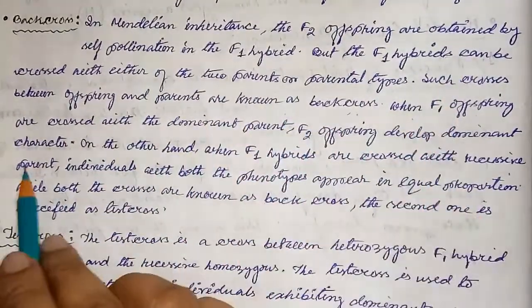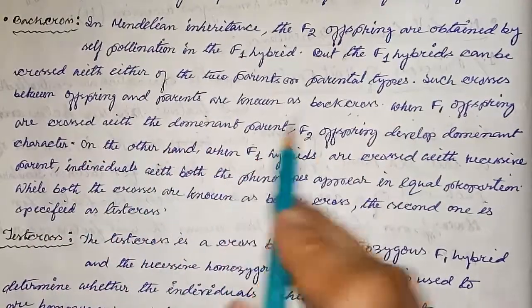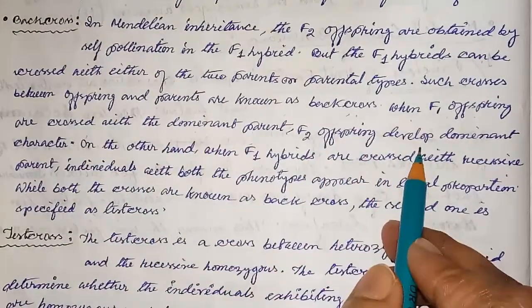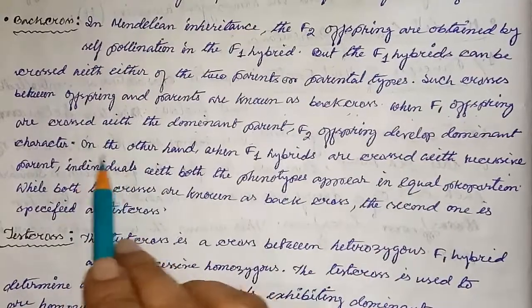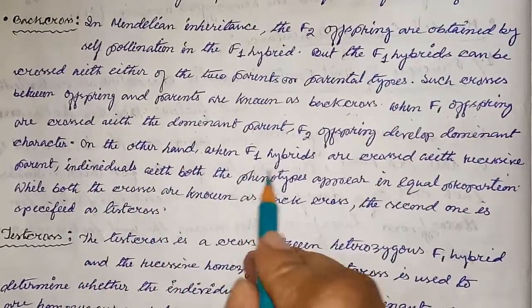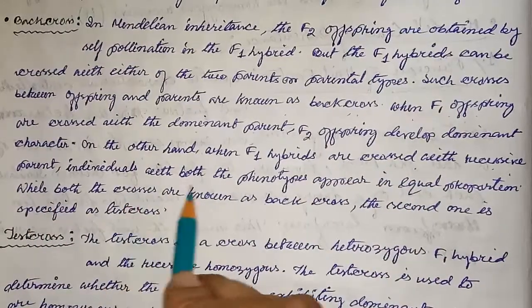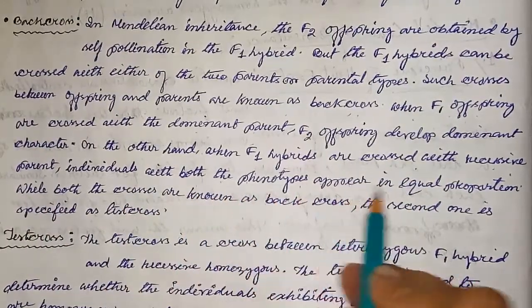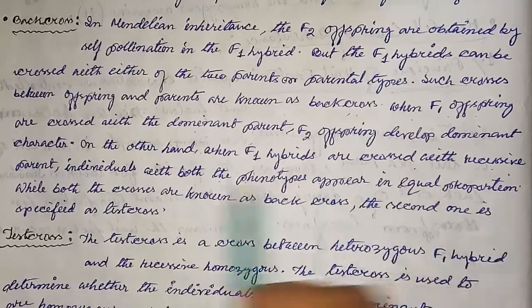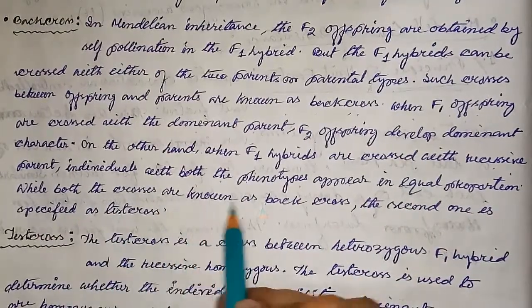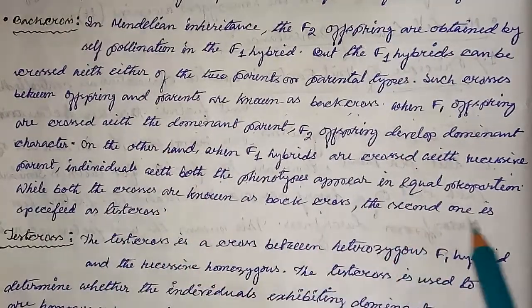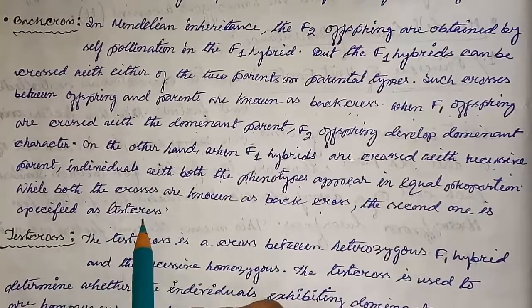When F1 offspring are crossed with the dominant parent, F2 offspring develop dominant characters. On the other hand, when F1 hybrids are crossed with the recessive parent, individuals with both the phenotypes appear in equal proportion. While both the crosses are known as backcross, the second one is specified as test cross.